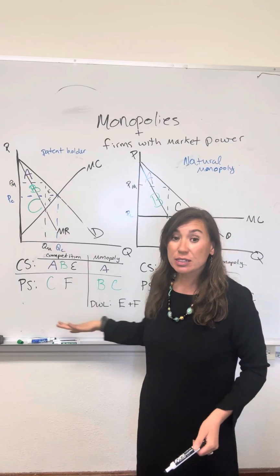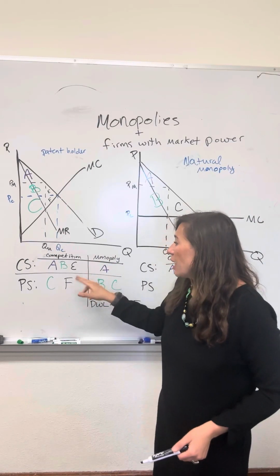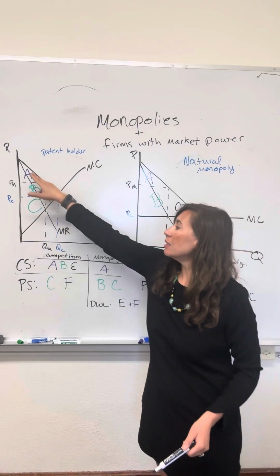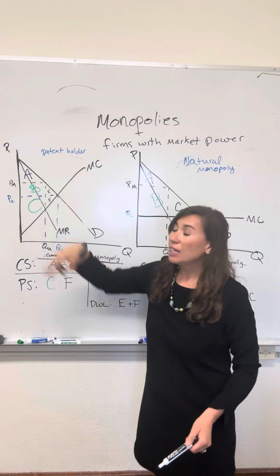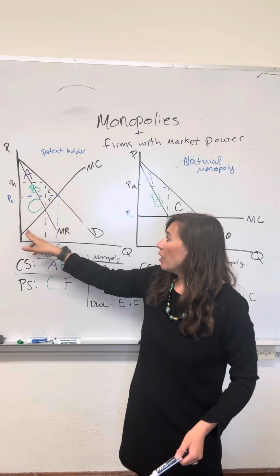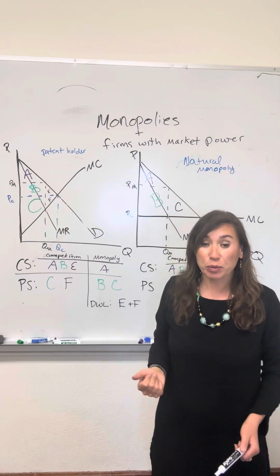The welfare analysis that falls out then is that consumers would get ABE, this triangle here, if there was competition. Producers would get C and F, this triangle here, if there was competition.